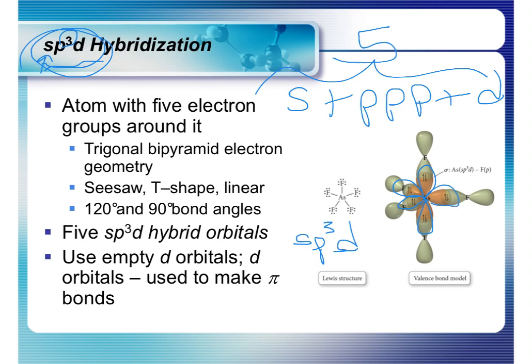And so what you need to remember is that any atom that's sp3d hybridized will have trigonal bipyramidal electron geometry. This is not molecular geometry necessarily. This is the geometry that is associated with the electron domain geometry.